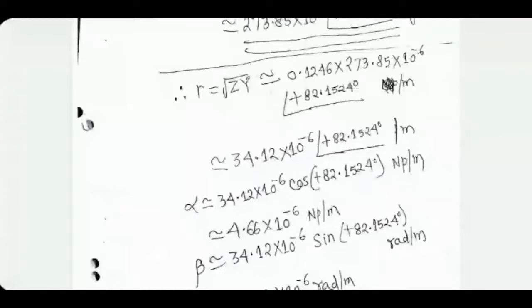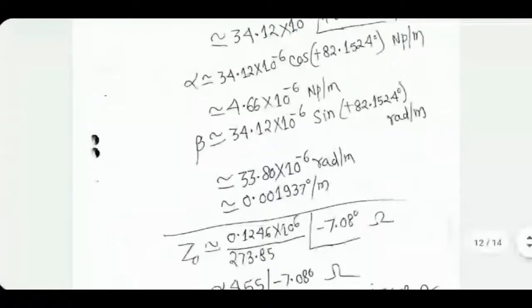Beta will be 34.12 into 10 to the power minus 6 multiplied by sine of 82.1524. And the answer will be in radian per meter by default. I get that as 33.80 into 10 to the power minus 6 radian per meter, which works out to 0.001937 degrees per meter. Per meter phase change is very small in this transmission.